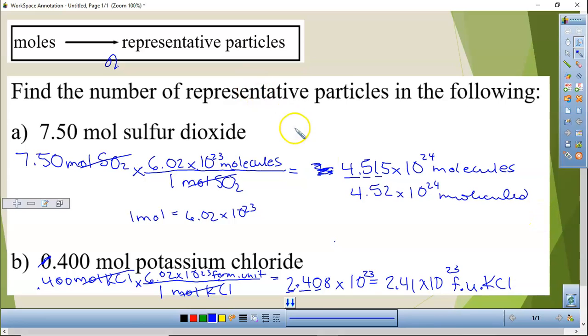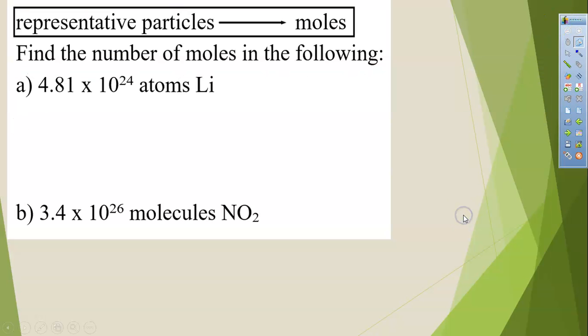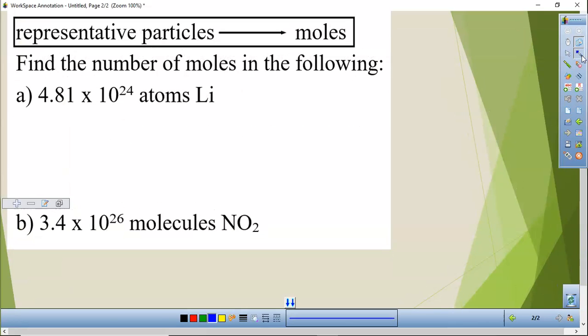So let's go to the next slide. Okay, so next slide. All right, so we've got another one that we're going to do. We're going to find the number of moles in the following. So in this case, we're going backwards. We're going from particles, which are atoms, to moles. So this is my given.